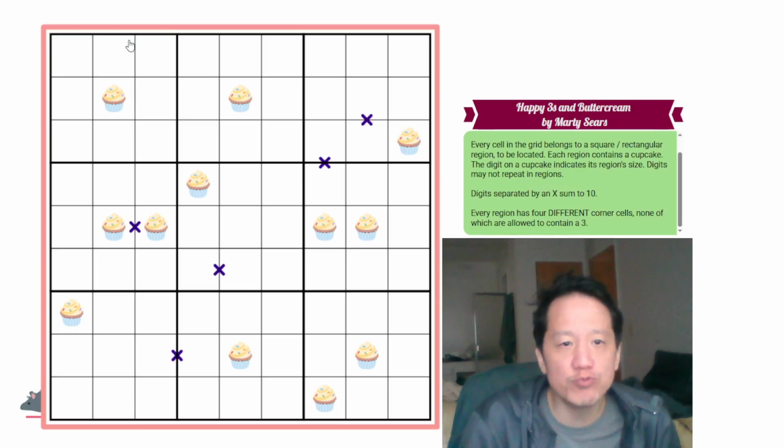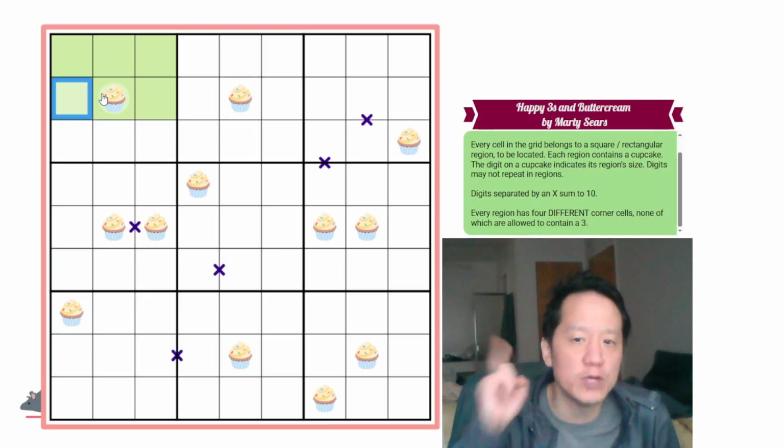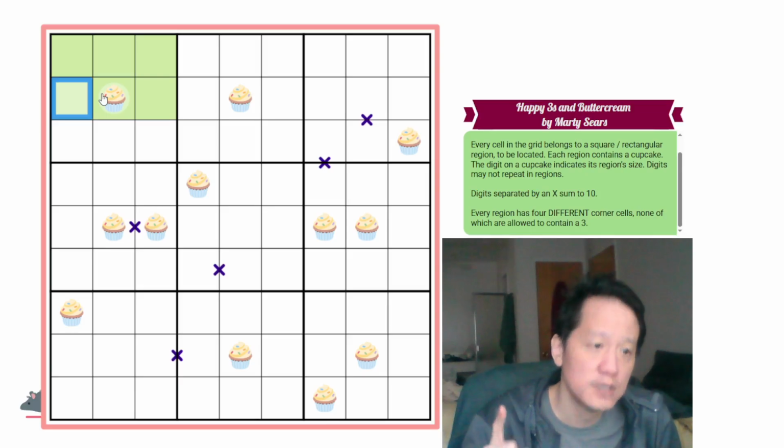And each region contains a cupcake. So say we had a region like this. This contains a cupcake. So every cell is part of a region, and every region contains a cupcake. And the digit on the cupcake indicates its region's size. And you cannot have repeats in regions. That's very important.